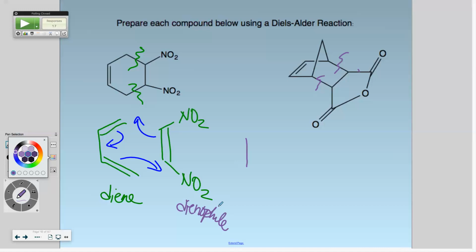All right, so what am I going to do now? What should I draw besides the answer? Okay, here's a cyclopentane, and then what do I need? Okay, does everybody see that? Okay, what's the other piece? What do I have from this side?